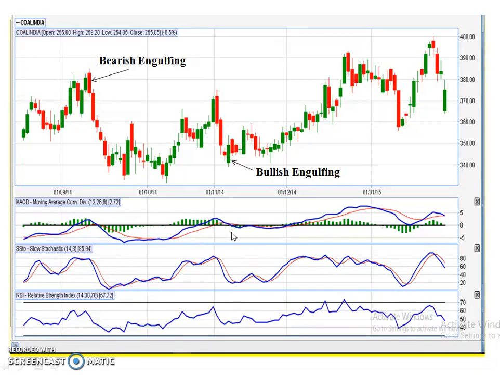Here you can see the bearish engulfing pattern on this slide. The bearish engulfing pattern should take place in the overbought condition of the stock. In the bearish engulfing pattern, the candles are formed as shown on this slide. After a strong uptrend, a long red candle is formed in front of a small green candle. The body of the long red candle fully covers the small green candle.